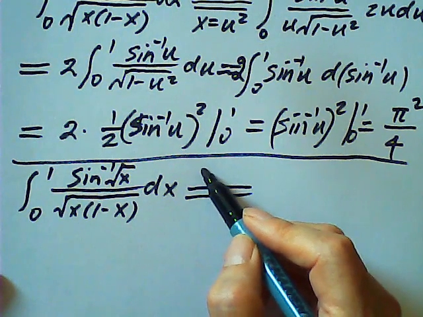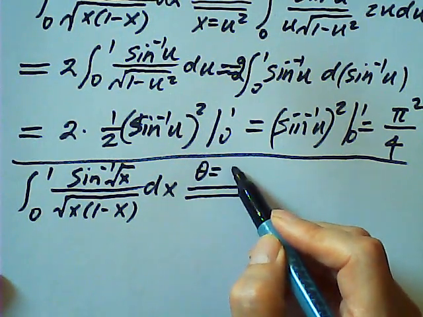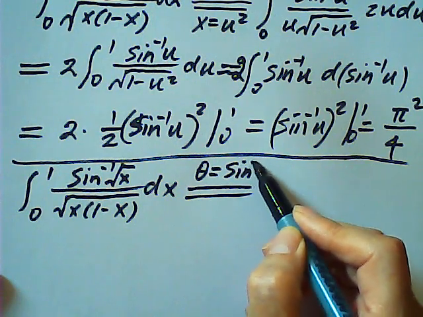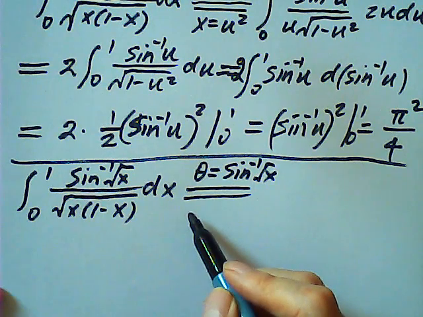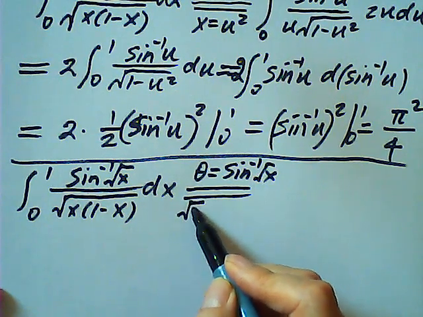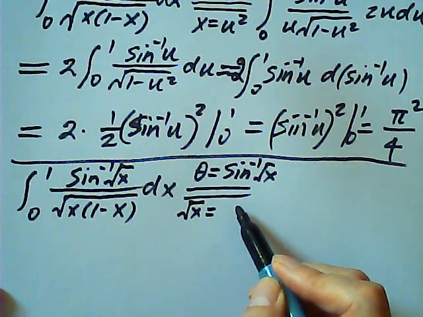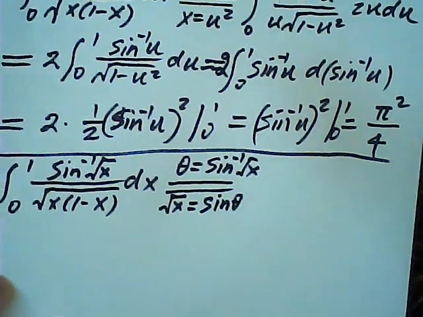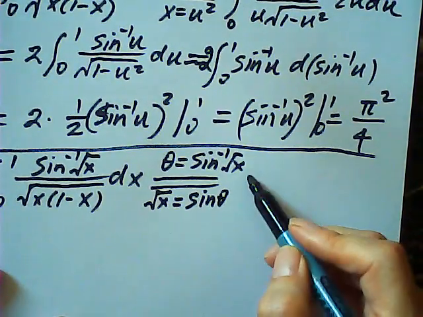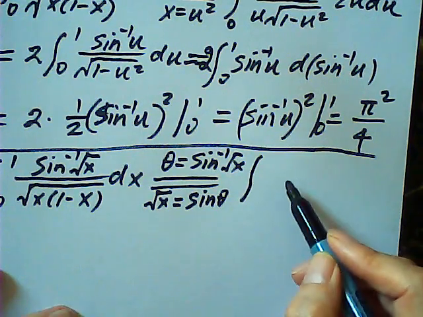Let theta be arcsine square root x. Therefore, square root x is equal to sine theta, isn't it?